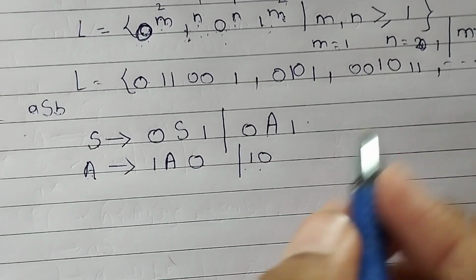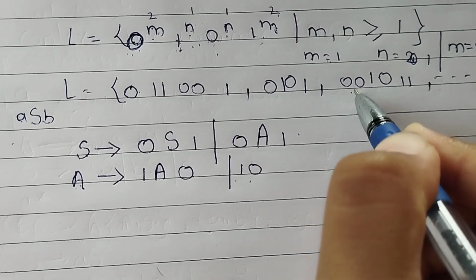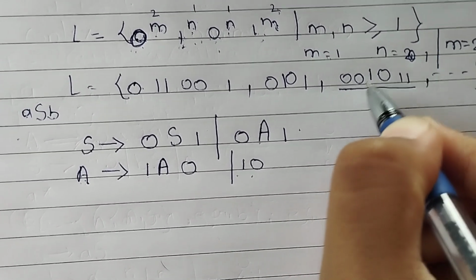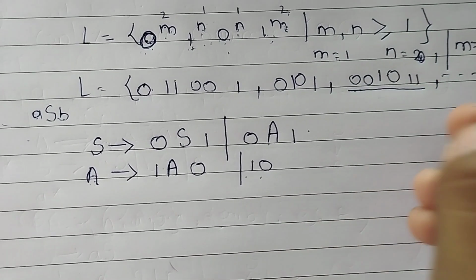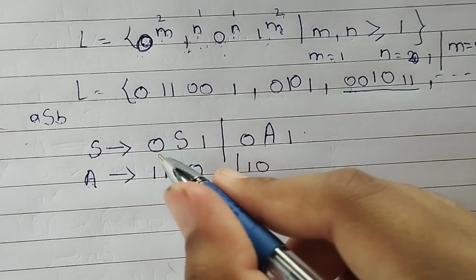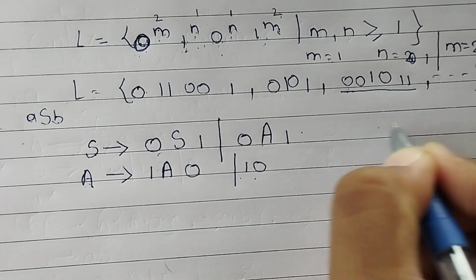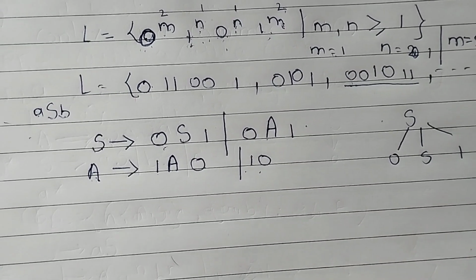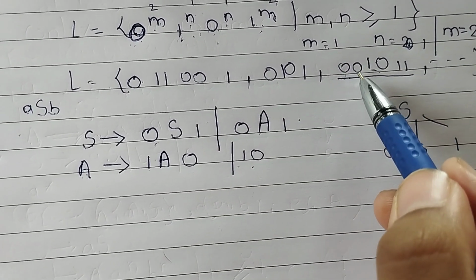So if I want this production, let's see whether we write it correctly or not. I want 0 0 1 0. First I want to read this 0, then yes, 0 S 1, then again I want to read.